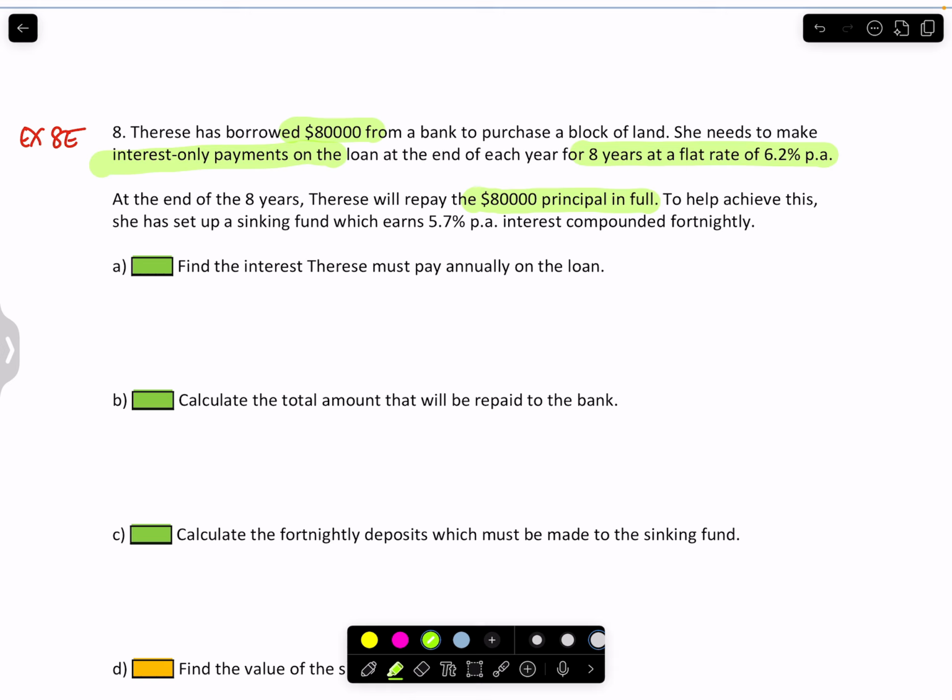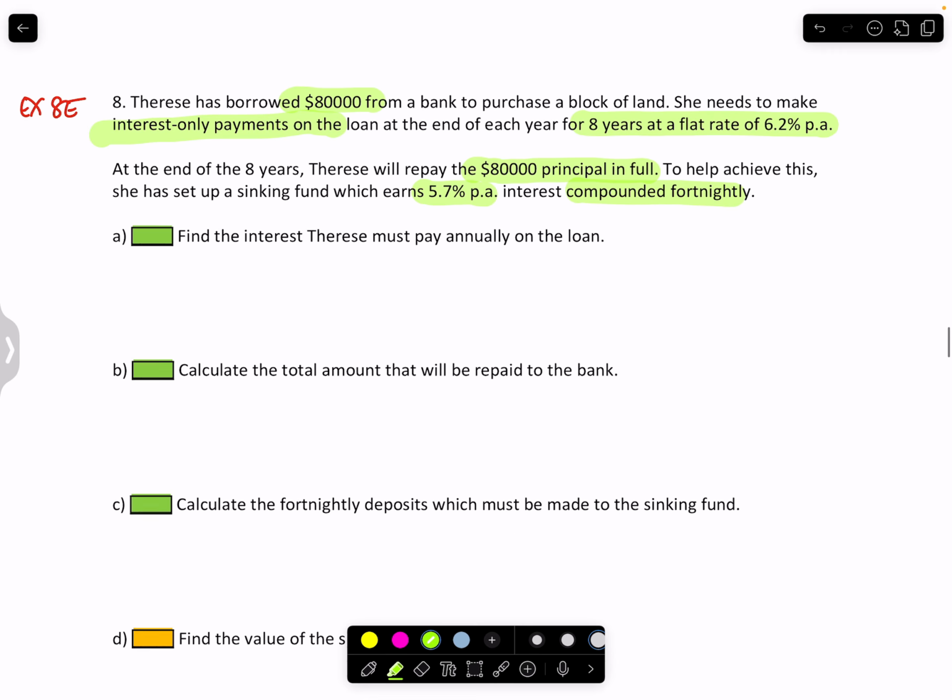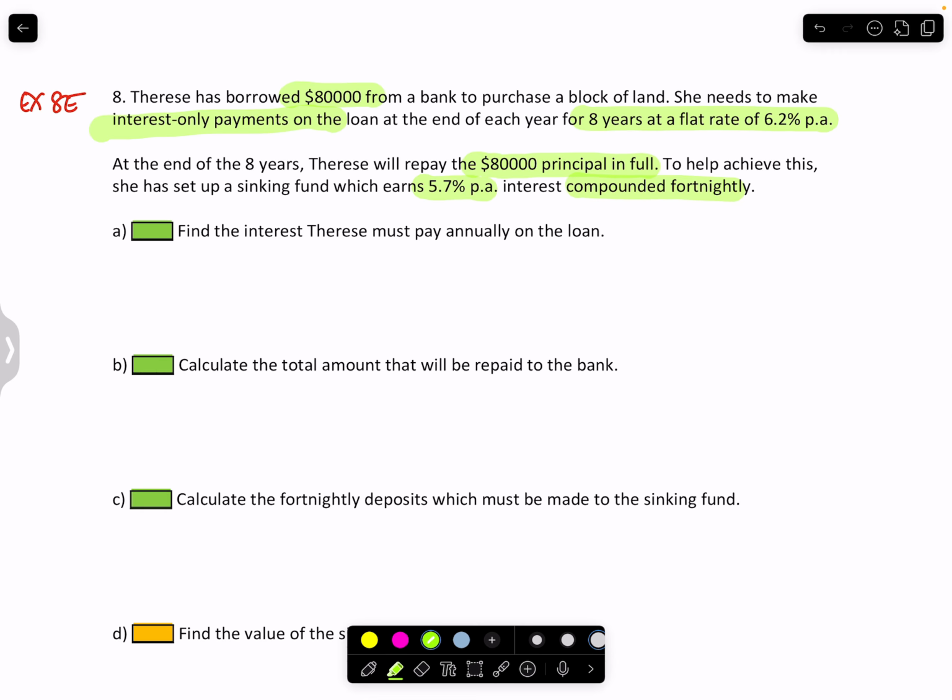So we're suggesting that you set up a sinking fund, which is a savings account earning 5.7% per annum, compounding fortnightly, to save up the 80 grand at the end of the 8 years. Find the interest Therese must pay annually on the loan. So interest only means we're using SI equals PRT. The principal was 80 grand.